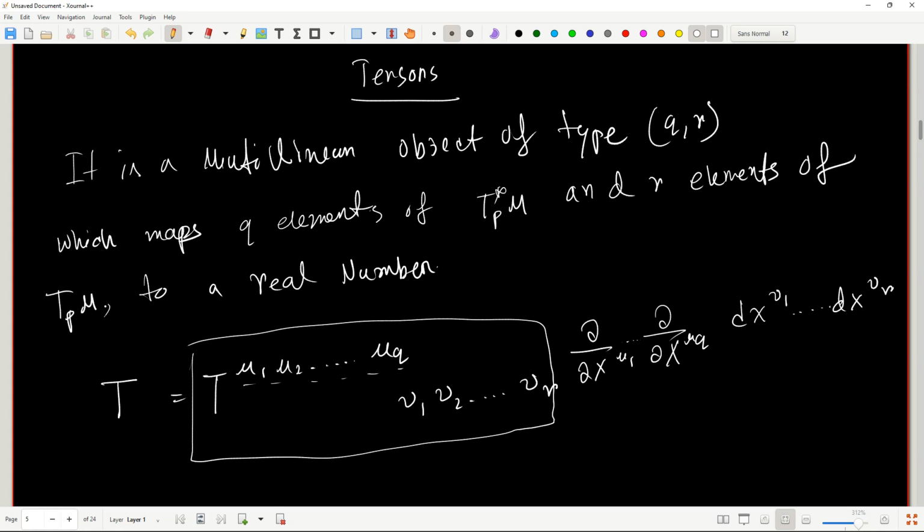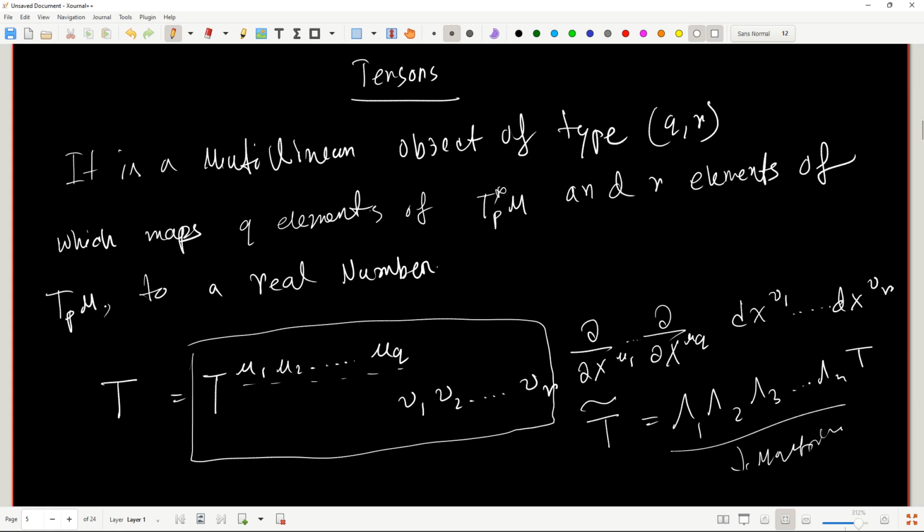All of these indices will get transformed by some sort of matrix. So that's one of the reasons we call it multilinear. If you have some t tilde, it will be related by some lambda 1, lambda 2, lambda 3, some lambda and then t. I'm not writing this in index notation, but I think you can understand what I'm trying to say. So this is a multilinear object or a multilinear transformation.